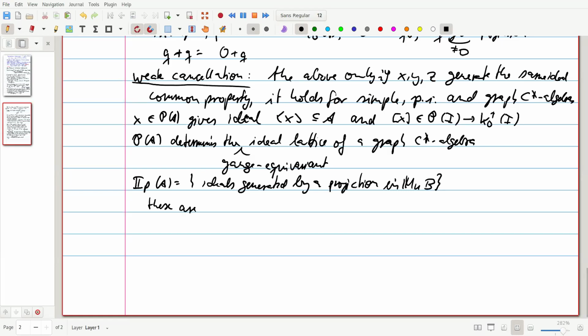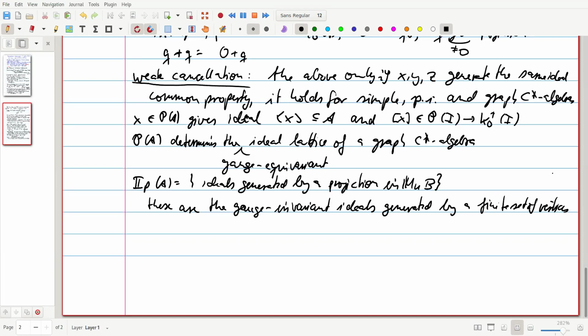These are the gauge invariant ideals that are generated by a finite set of vertices.